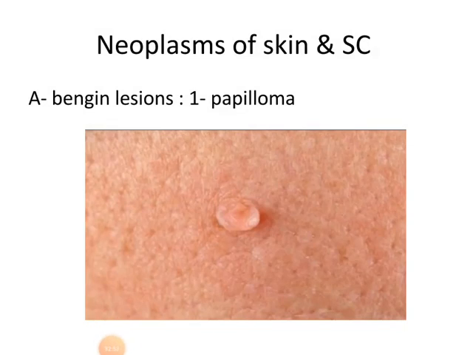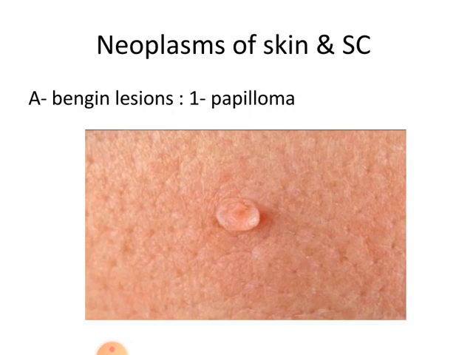After discussing the cysts of the skin and subcutaneous tissues, we will now discuss the neoplasms of the skin and subcutaneous tissues, and we start with the benign lesions. Papilloma is the most common benign lesion. It may be single or multiple, pedunculated, with a vascular connective tissue core covered by epithelium, caused by human papilloma virus.